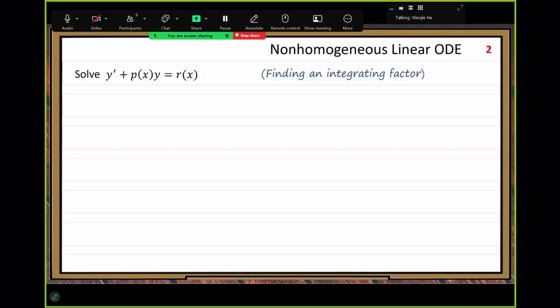To solve this equation, we need to find an integrating factor. So that's our extended exact ODE, with the integrating factor to be determined.